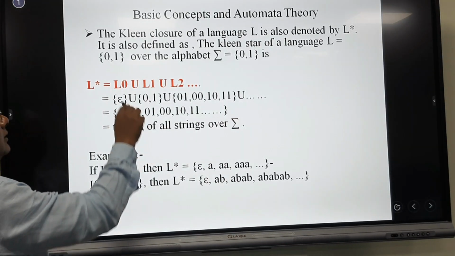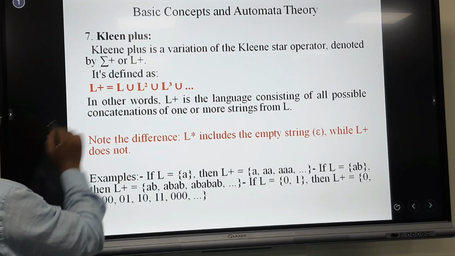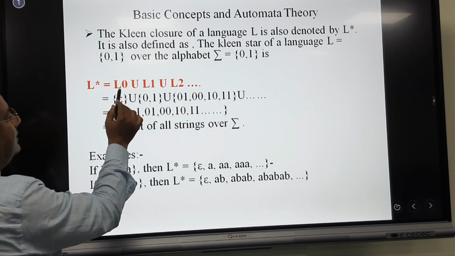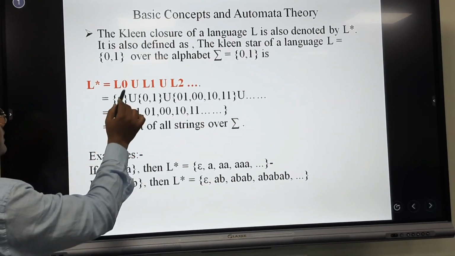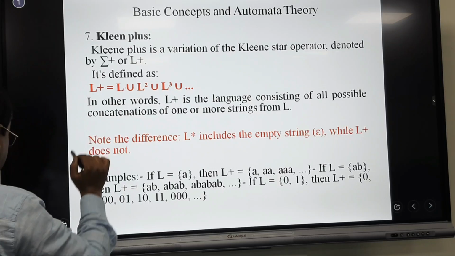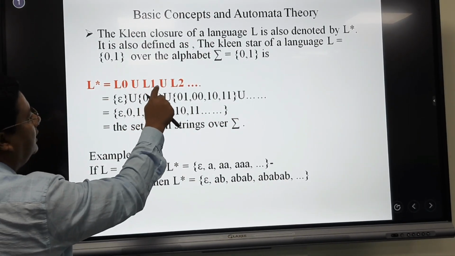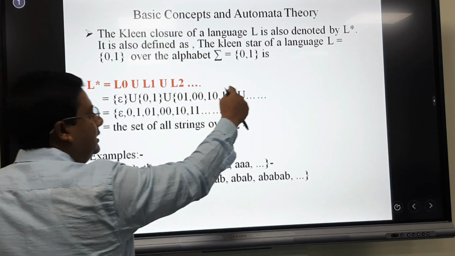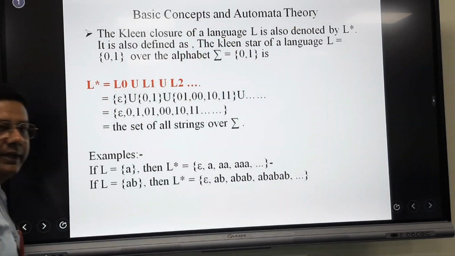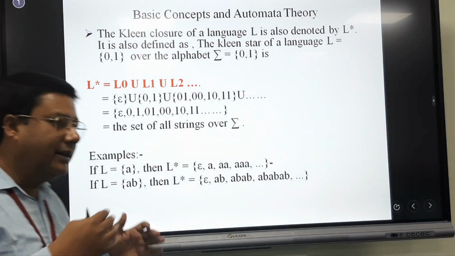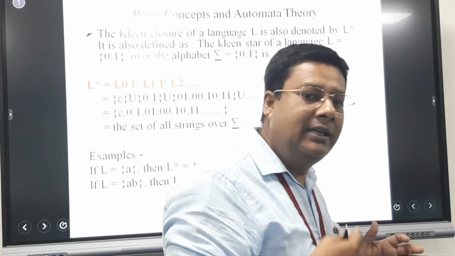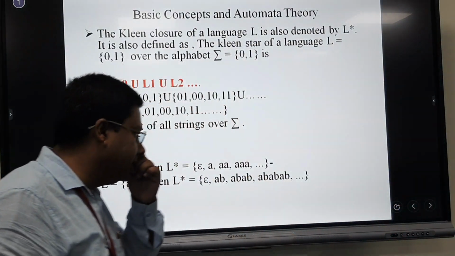L star is L0 union L1 union L2, and it goes on an infinite number of times: L3, L4, L5, L6, L7, a continuous process.